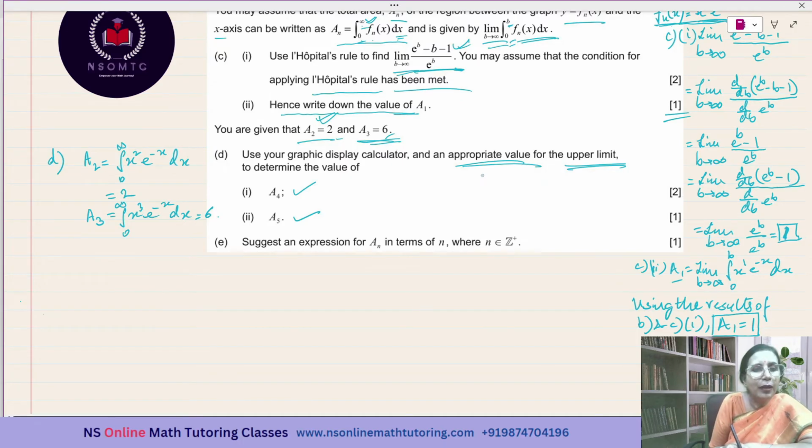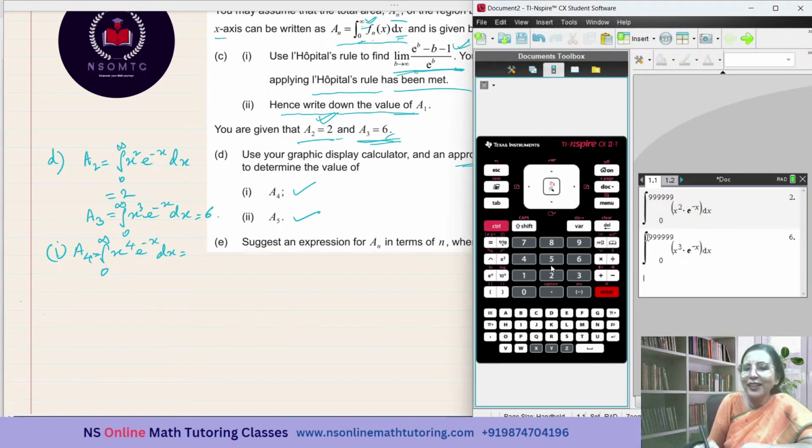Okay. So a4 equal to, again it should be 0 to infinity. This time it will be x to the power of 4 times e to the power of negative x dx. Let us see what is it. This time I'll not be doing the copy paste because it is not allowing me.